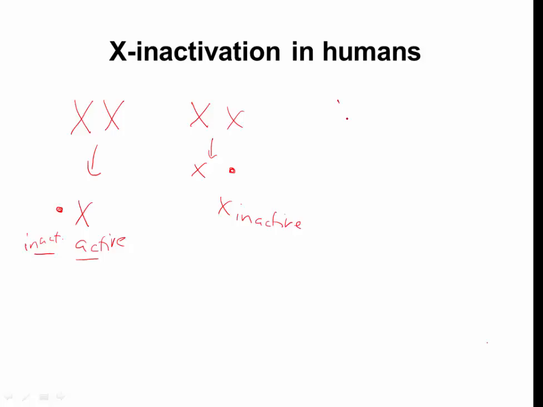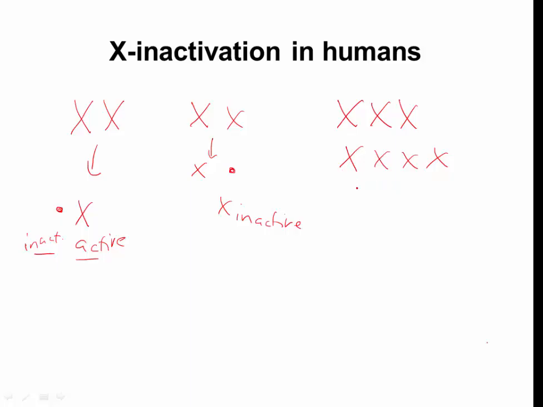But we also mentioned that you could have 3 X chromosomes in humans, and so why isn't that bad? You can actually get multiple X chromosome syndromes in humans, and these individuals are relatively normal. If there's no Y chromosome, they would be females.